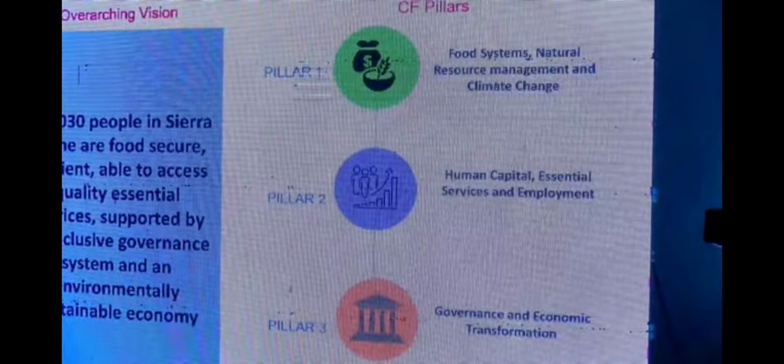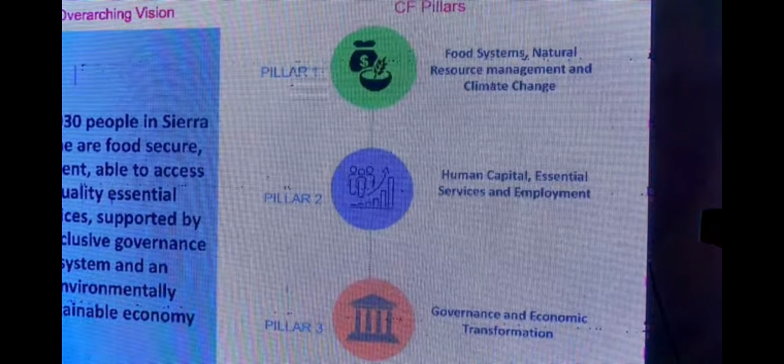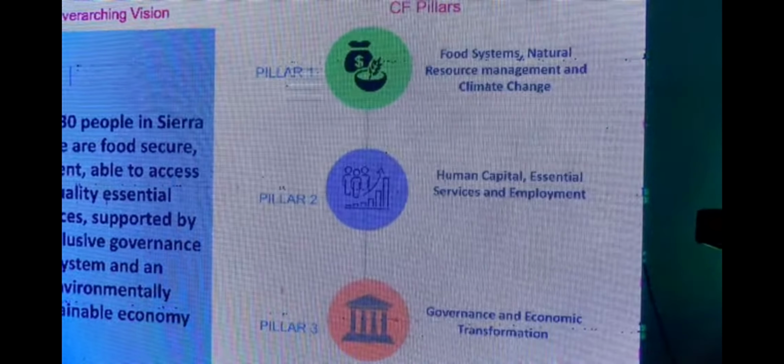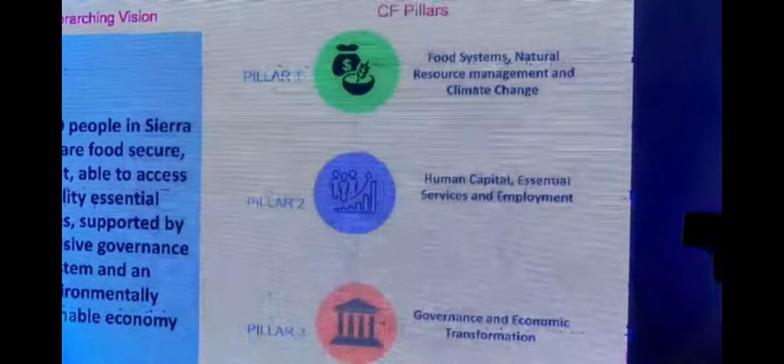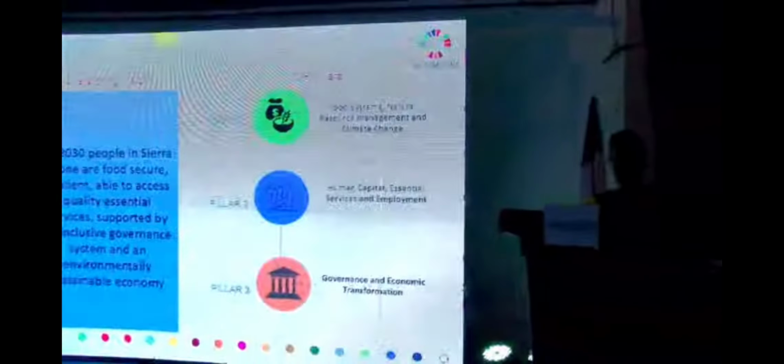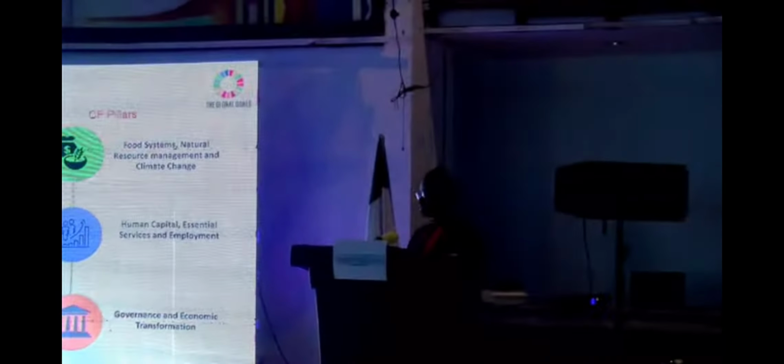Pillar 2, human capital, essential services, and employment. And finally, Pillar 3, governance and economic transformation. In the next couple of slides, I will explain what the UN intends to contribute under each of the 3 pillars. Next.